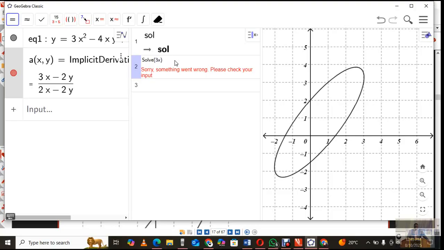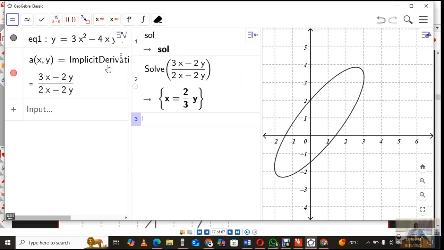It's 3x minus 2y divided by, okay, so it's 3x minus 2y over 2x minus 2y, and I'm taking this equal to 0. There you go. Right. Just remember this.